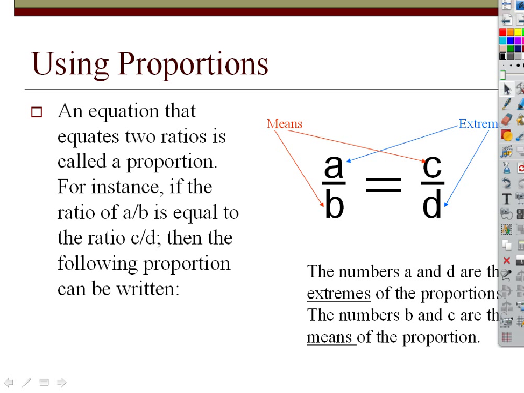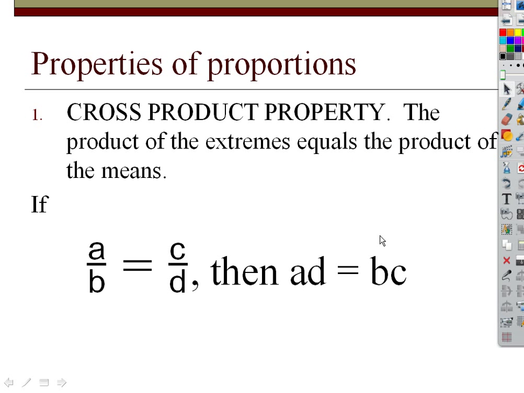The denominator of the first and the numerator of the second, we call the means of the proportion. Not a big deal. There's one situation where we're going to need to draw on that a little bit, but not very much. More than that, we just want to be able to solve ratio equations.